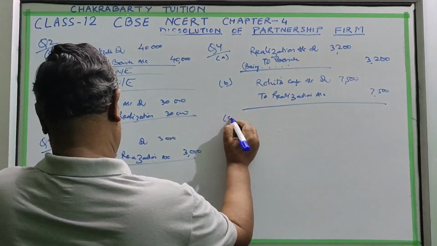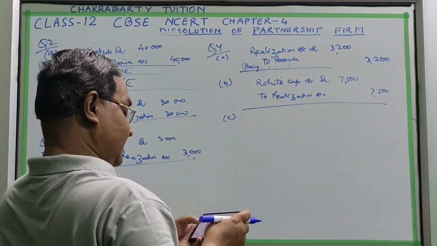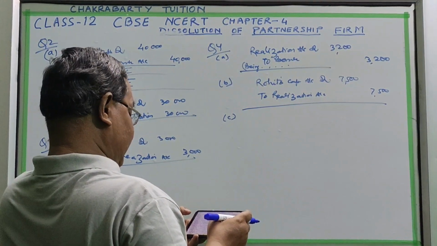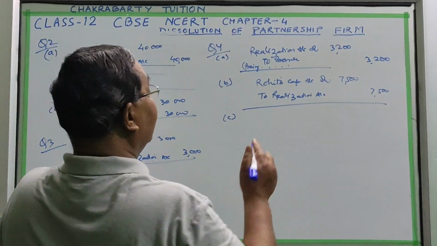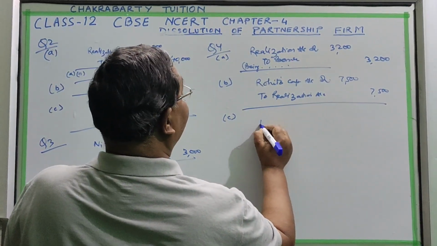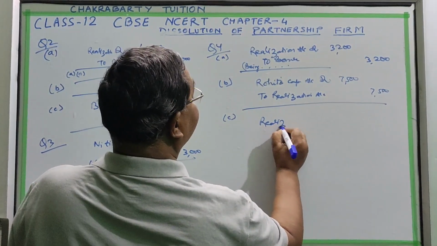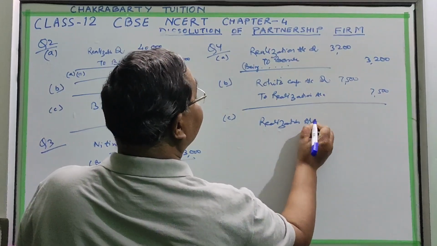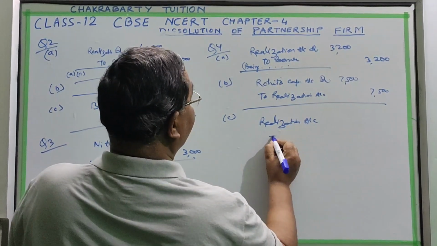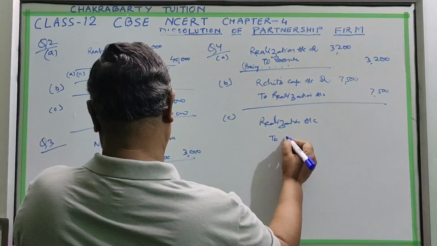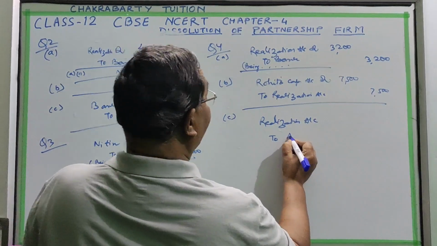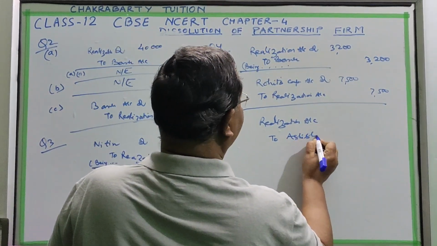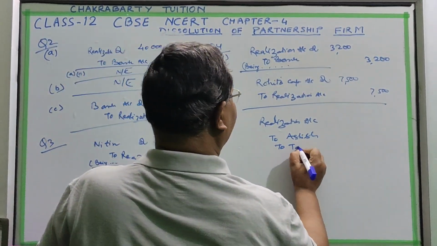C. Profit on realization amounting to 18,000 is to be divided between partners. So realization account debit. Like in the previous question, we have divided. To partners' names we will give credit, to Ashish's and Tarun's capital account.